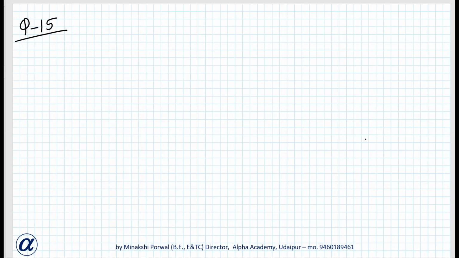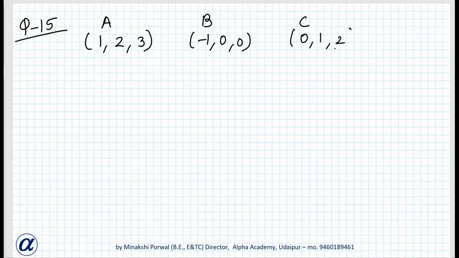If the vertices of triangle ABC are A (1, 2, 3), B (-1, 0, 0), and C (0, 1, 2) respectively, then find angle ABC. We have to find angle ABC.